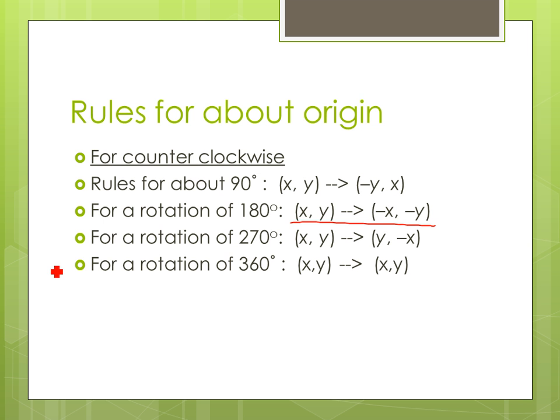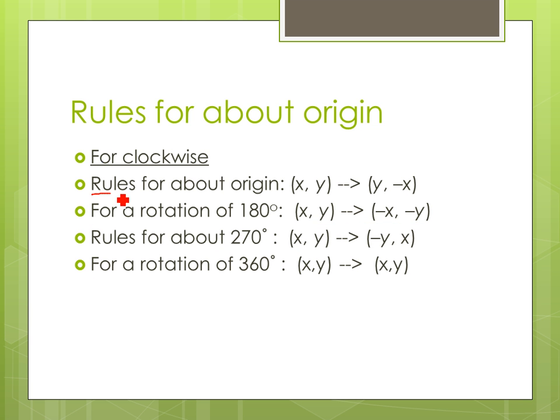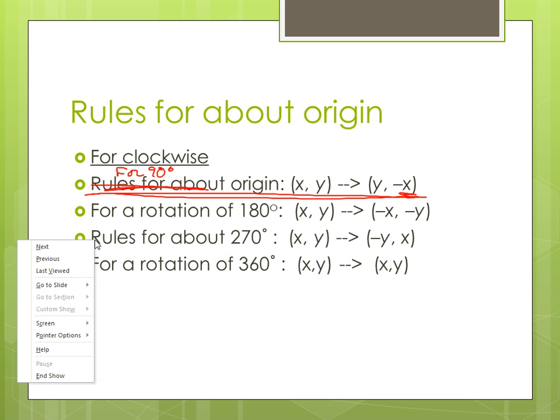It's supposed to say for 90 degrees clockwise about the origin, (x, y) goes to (y, -x). It switches them and makes the second one the opposite.